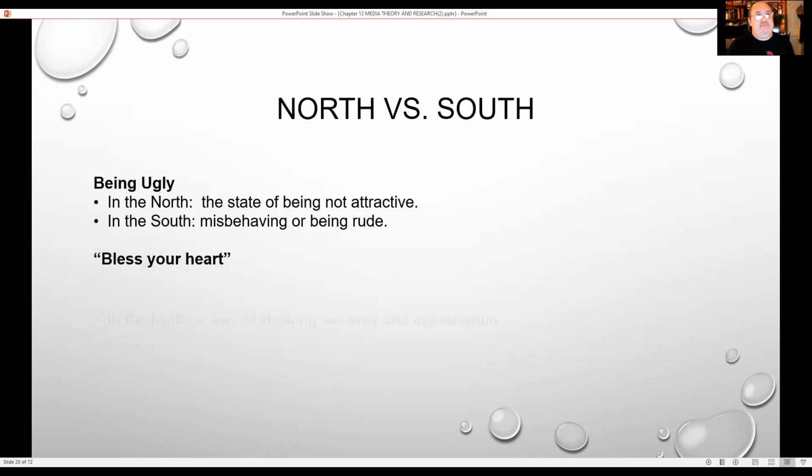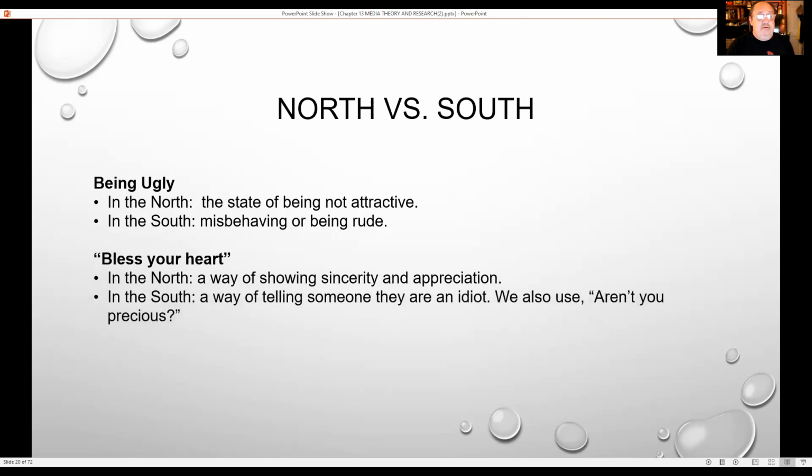And bless your heart. Up north, it might be a way of showing sincerity or appreciation. Down here, it can mean that, but it can also mean, bless your heart, you're an idiot. We don't say that you're an idiot. And some people say, aren't you precious? And they mean something totally different.